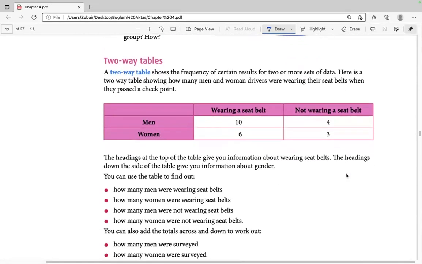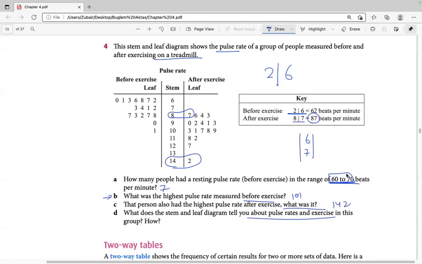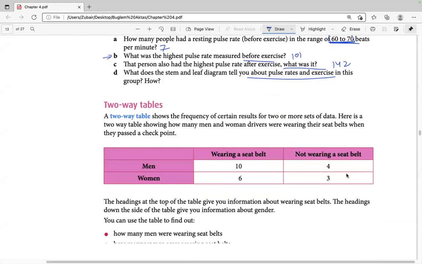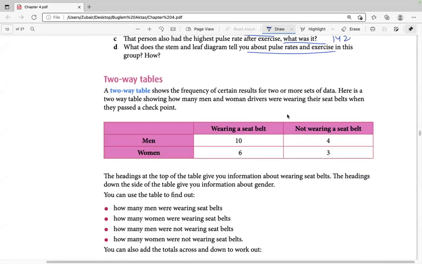Okay, two-way tables. This stem and leaf diagram was also two-way. A two-way table shows the frequency of certain results for two or more sets of data. Here is a two-way table showing how many men and women drivers were wearing seat belts when they passed a checkpoint. So 10 men were wearing seat belts and 4 were not. 6 women were wearing and 3 were not.